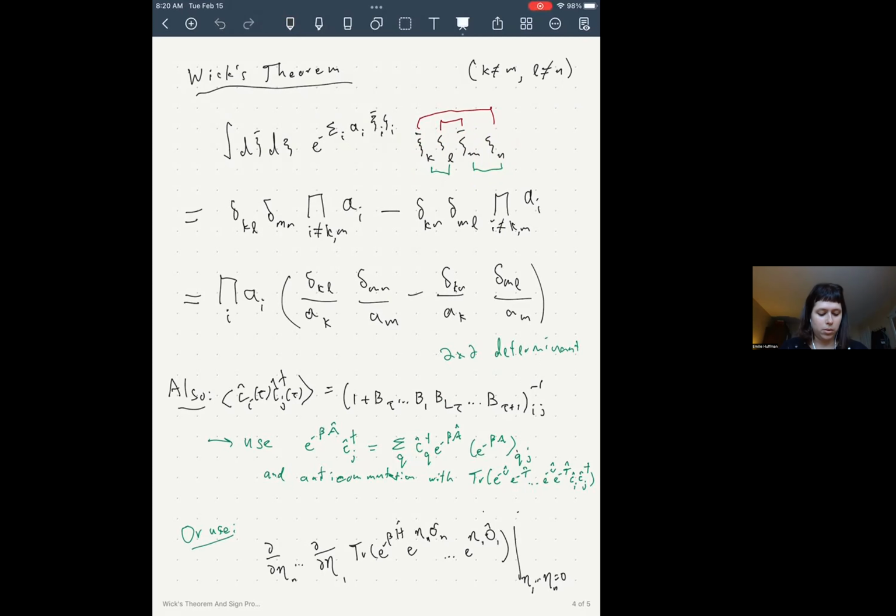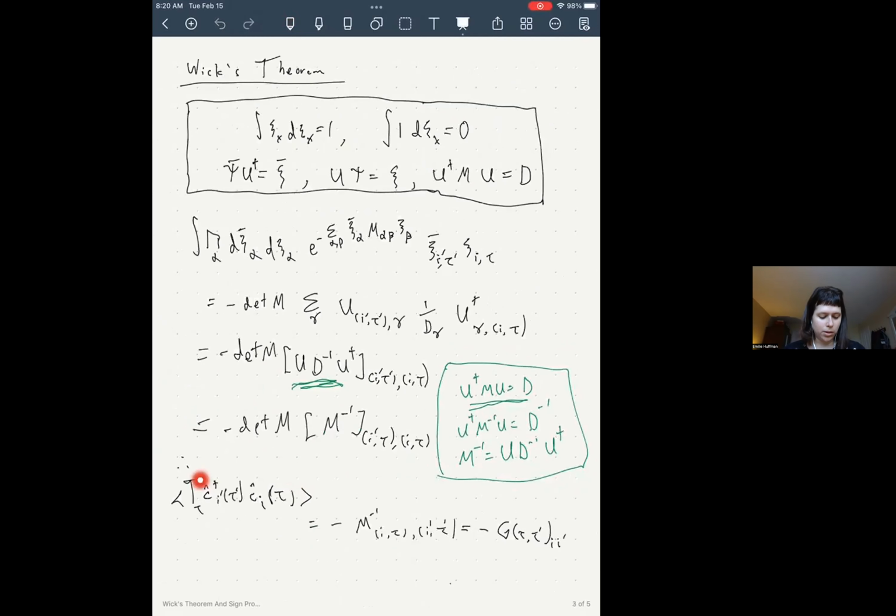Also, I want to note that on the other page, I computed this expression, and it was in terms of the inverse of the big matrix, the space-time by space-time matrix. We can instead write this in terms of the inverse of a smaller matrix, similarly to the determinants from before where we wrap them up into a smaller matrix.